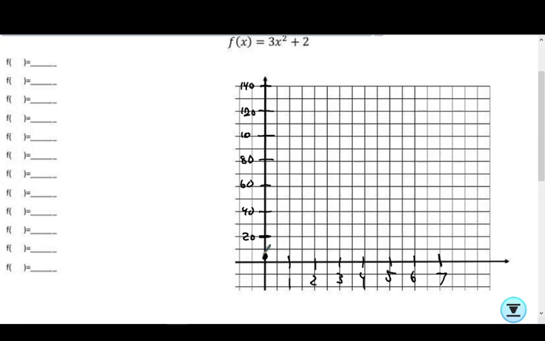But I know basically that at like 7 we're around 140 somewhere up here, and around 5 we're somewhere around 70, and at 3 we're somewhere around 20. So my function looks something like this.